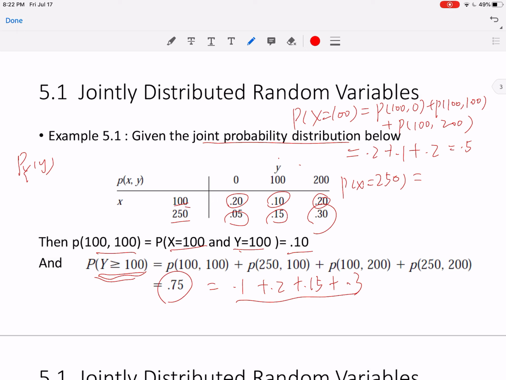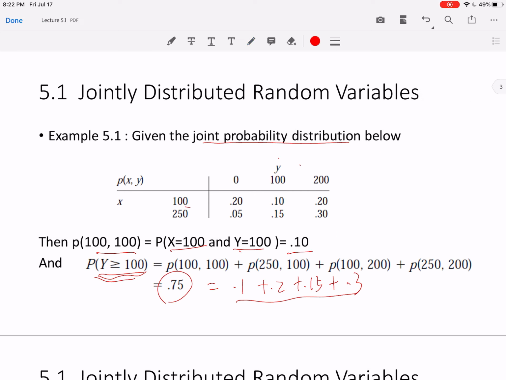So the probability x is equal to 250 would be equal to p of 250 and 0, plus p of 250 and 100, plus p of 250 and 200. If you add those together, 0.05 plus 0.15 plus 0.3, that would be equal to 0.5.